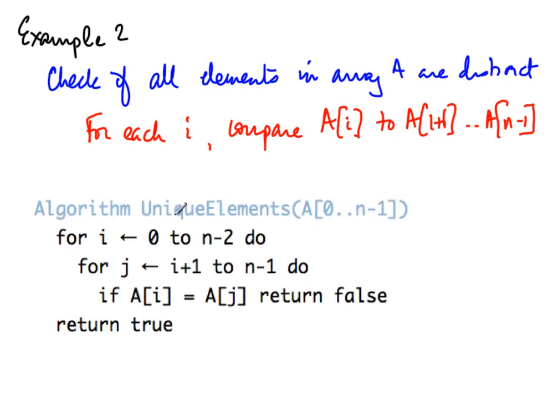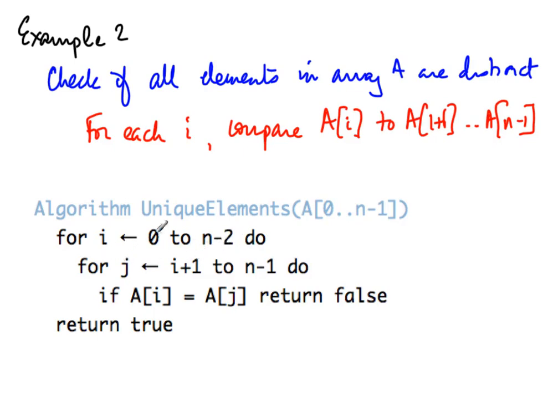So here's the algorithm, unique elements, which takes as input an array A from 0 to n minus 1. What it does is it tries out each position in sequence. From 0, you only have to go to n minus 2, because once you reach n minus 1, there is nothing to its right. Remember, we want to compare each i to everything to its right, so we stop at n minus 2.